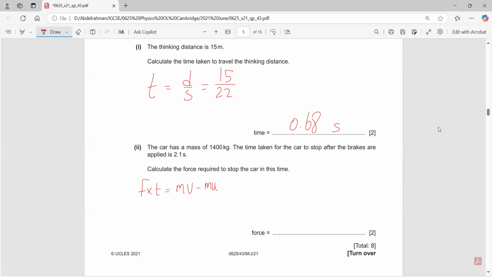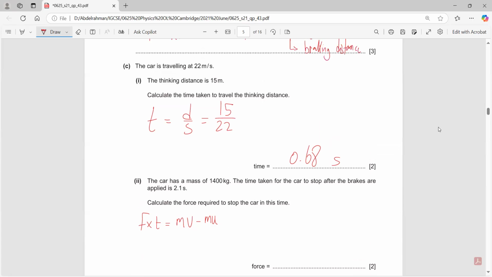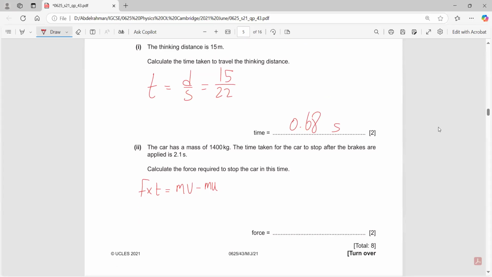mv and mu. What is the velocity? The velocity was 22. So basically you're saying 1,400 times 22, and you can just consider the final to be zero.